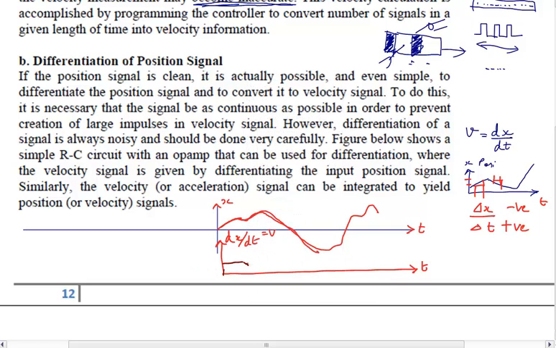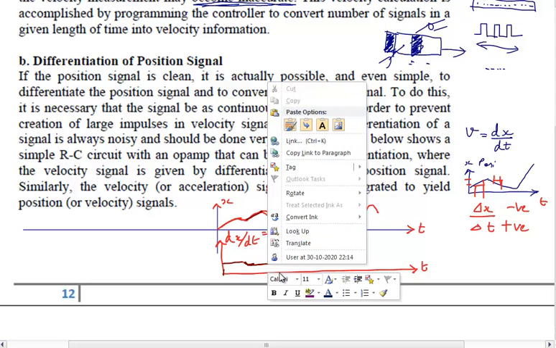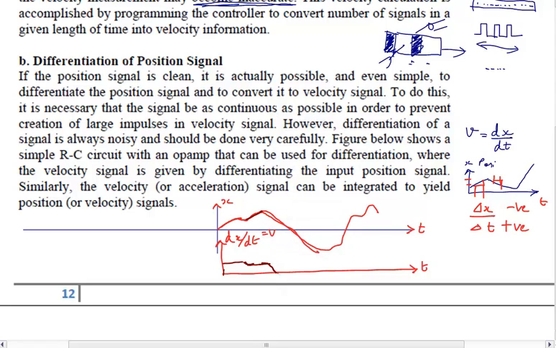Again, the position is increasing linearly, so the velocity is something, and then from here it slowly goes down and has some negative velocity or deceleration. So the velocity will be the differentiation of the position signal.